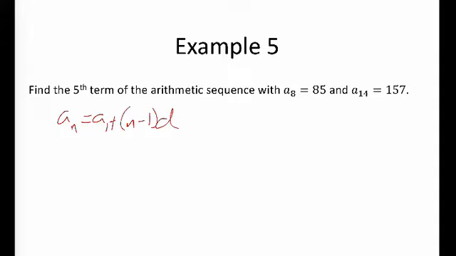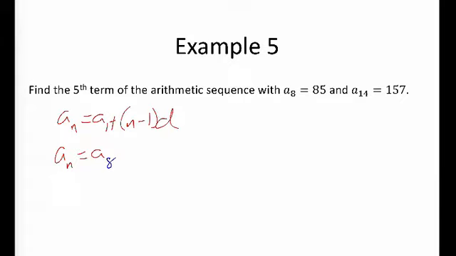What we can do instead is manipulate this to be whatever we want it to be. Instead of a sub 1, I'm going to change it to a sub 8. We're going to take the first term that we do have. In this sequence, we're starting in the middle, and the first term that we do have is the 8th term.